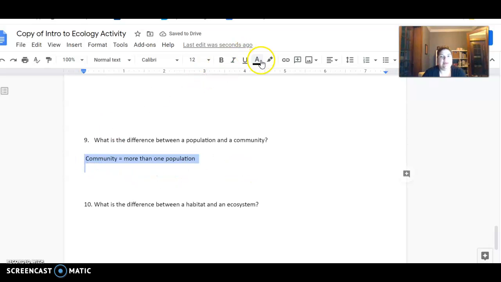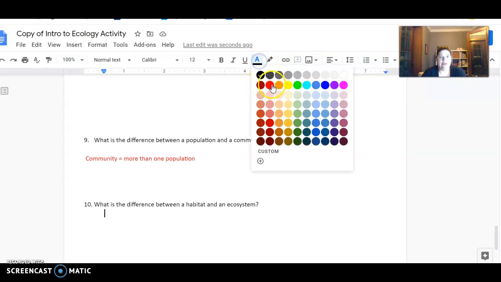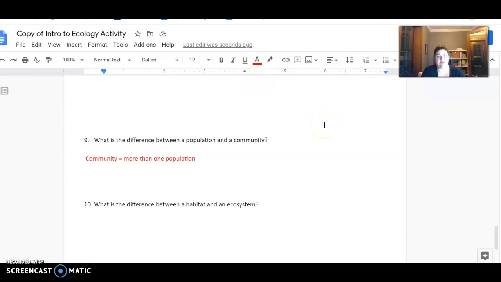And the difference between a habitat and ecosystem, this was confusing to a lot of you because probably just the misconception of what a habitat really is. So the habitat is specific to one organism.